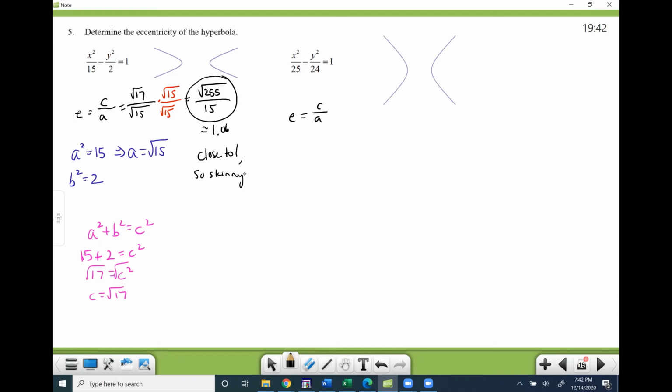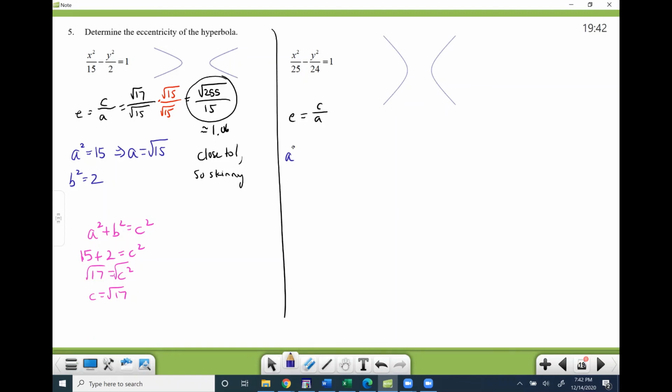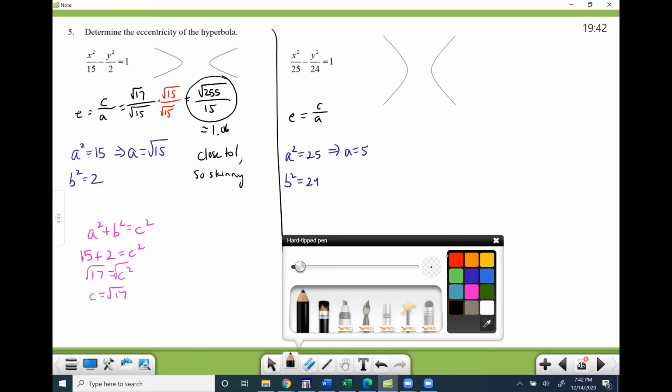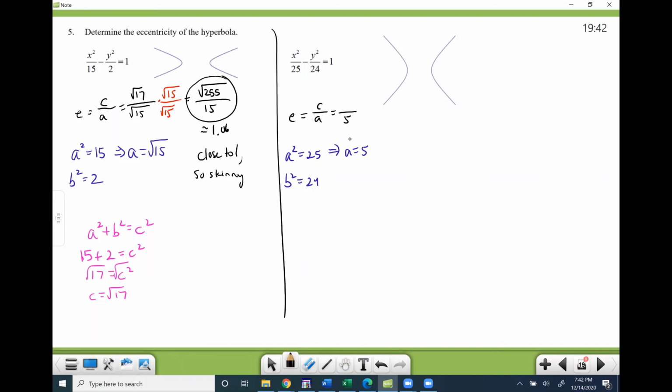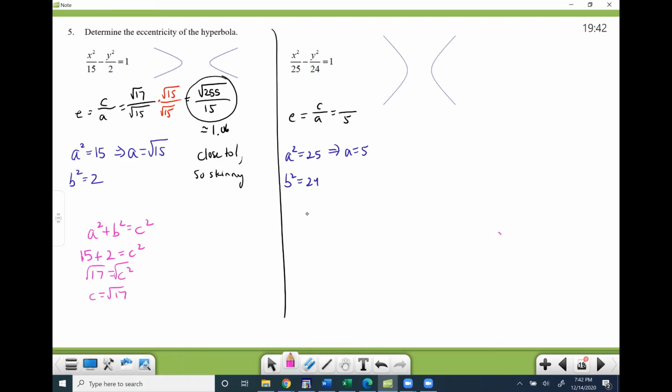All right, let's compare and contrast that with this one. a squared is going to be the first number, b squared is the second. So we know a is 5. So we have that part of our formula. Now let's use a squared plus b squared equals c squared.